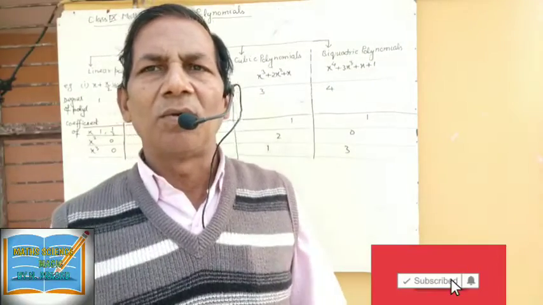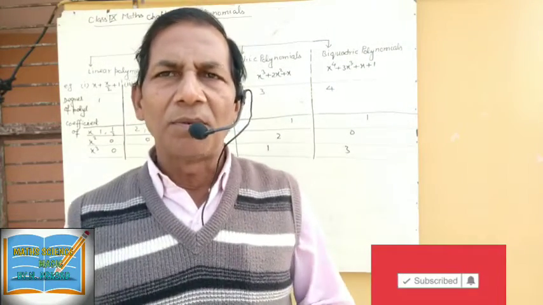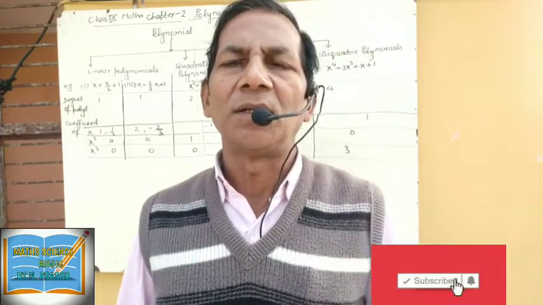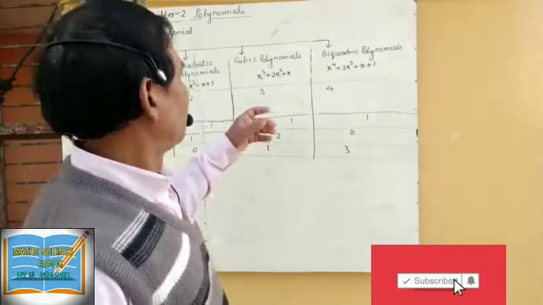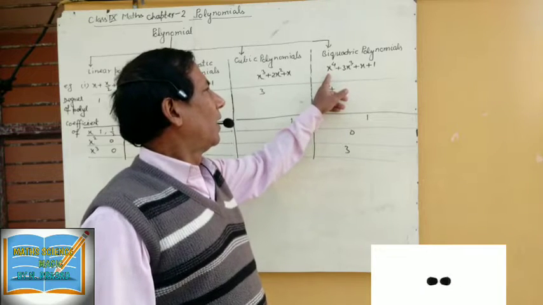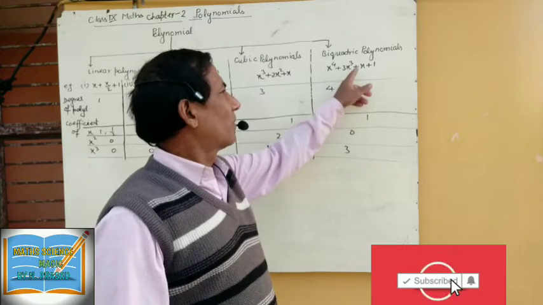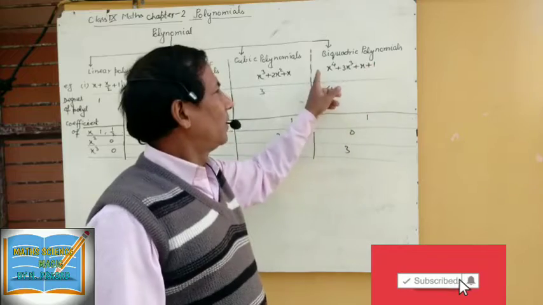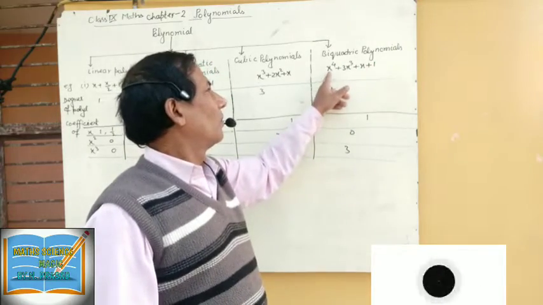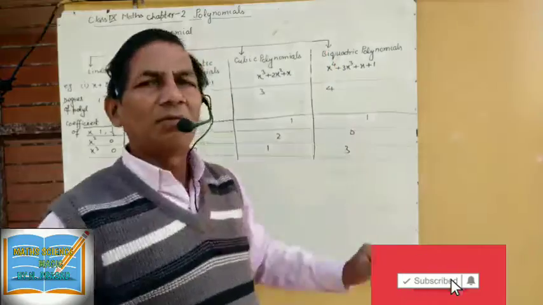You should know what the degree is. The degree of a polynomial is the maximum exponent of the variable. For example, you can see here in the biquadratic polynomial x power 4 plus 3x square plus x plus 1, variable x has exponent 4, exponent 2, as well as exponent 1.